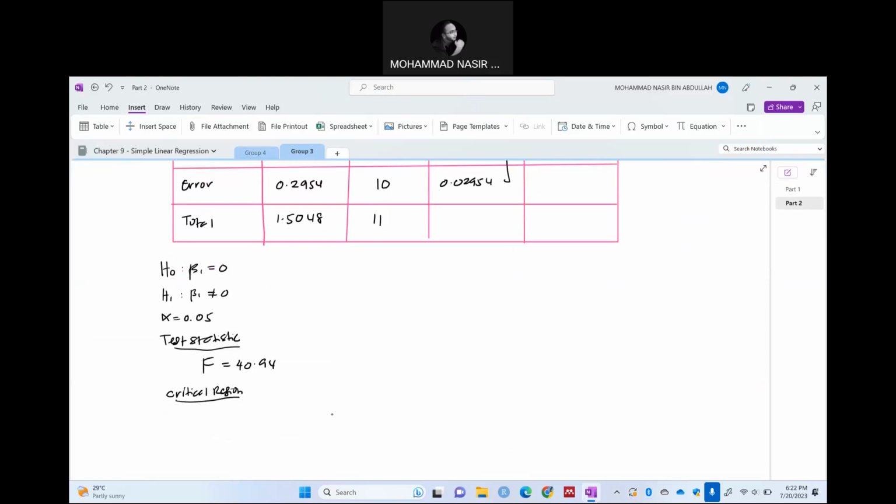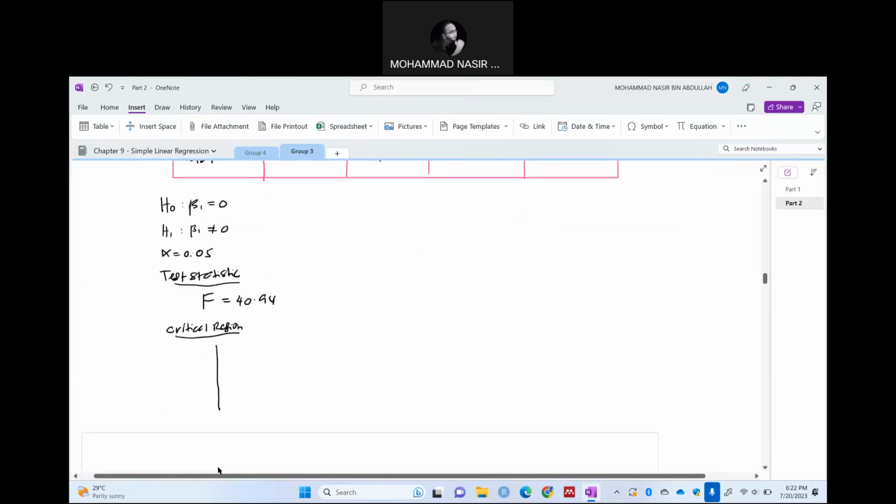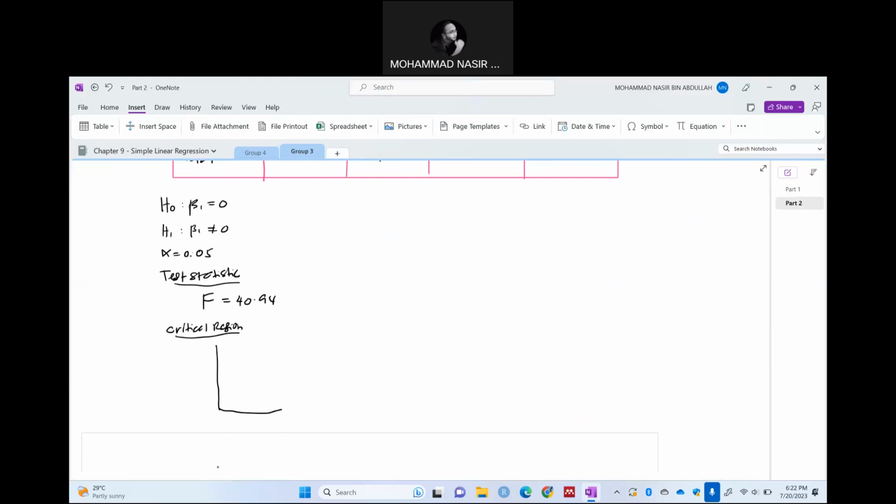Next step is the critical region. Since we are using the F distribution, the distribution is skewed to the right. So this is F alpha, degree of freedom 1, degree of freedom 2.